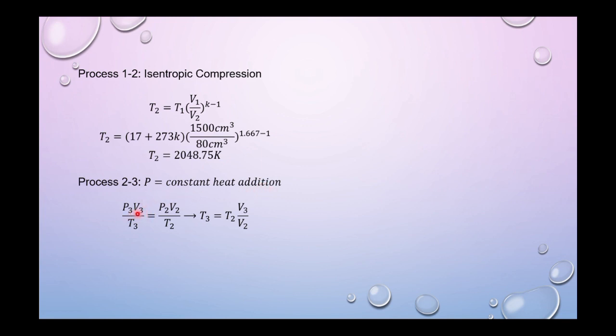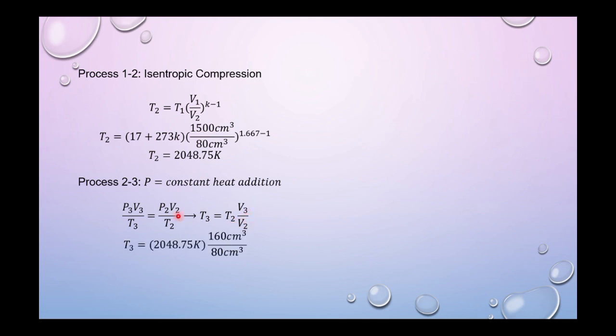Next, the process at state 2 to 3, which is constant pressure heat addition. Since P3 times V3 over T3 is equal to P2 times V2 over T2, and since our pressure is constant, our T3 is equal to T2 times V3 over V2.